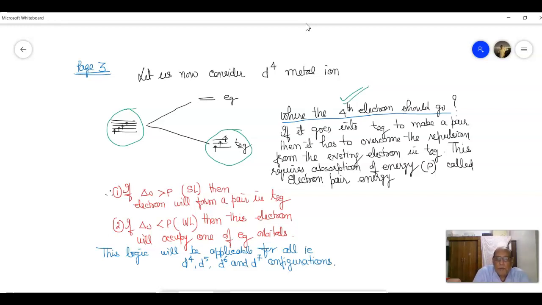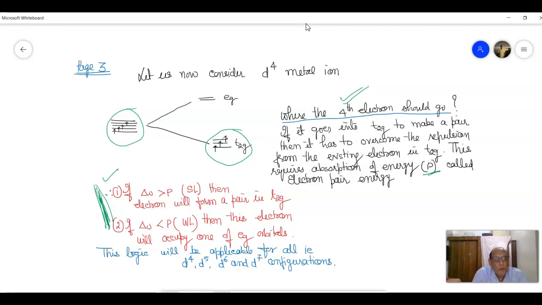If it goes into t2g to make a pair, then it has to overcome the repulsion from the existing electron in t2g. This requires absorption of energy, P, called electron pair energy, to overcome that repulsion. So we come across the following two options.